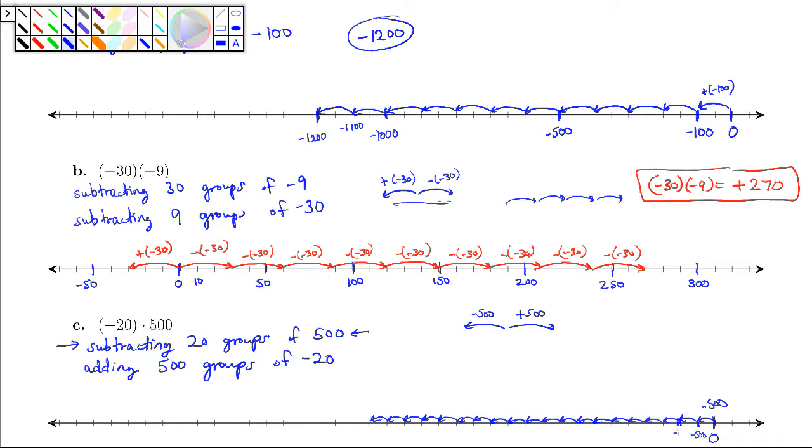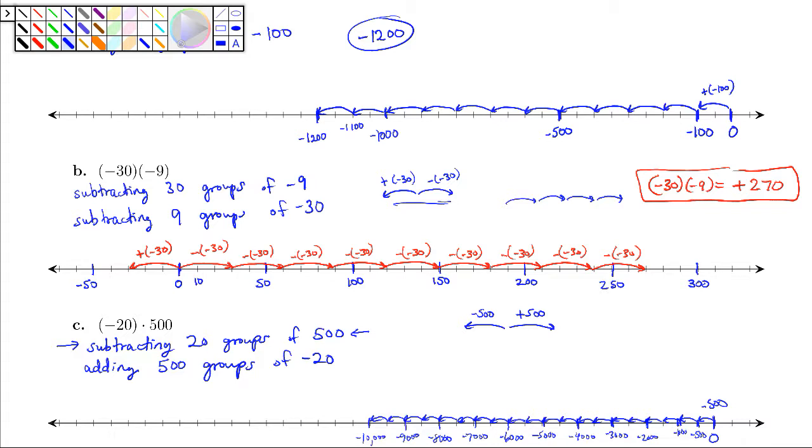So there's negative 1,000, negative 2,000, negative 3,000, negative 4,000, negative 5,000, negative 6,000, negative 7,000, negative 8,000, negative 9,000, and negative 10,000.